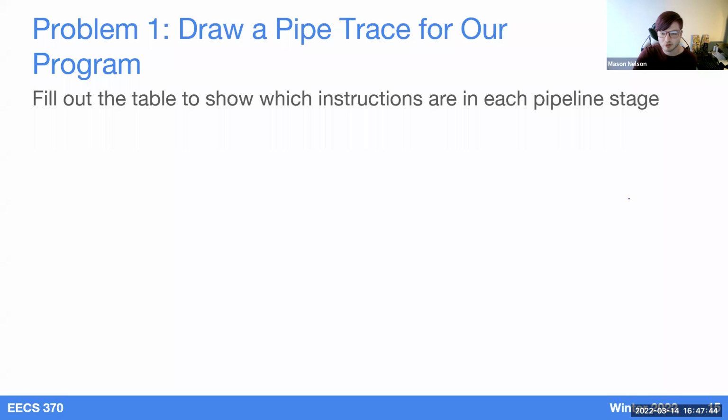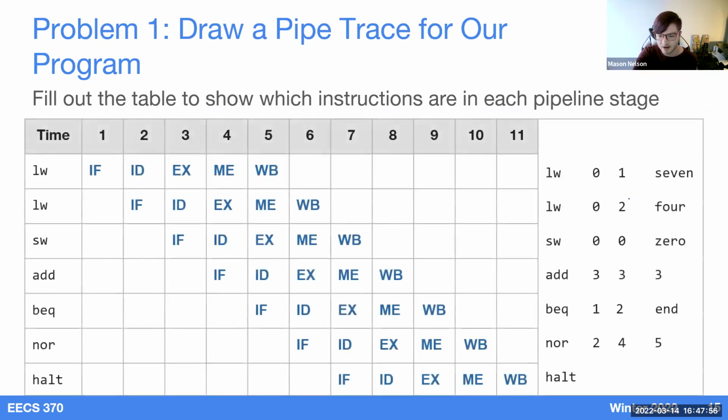We're going to go through a program and just visualize what that looks like in a sort of time graph. So just like we had the state diagram for our multi-cycle, this is how we'll visualize instructions going through our pipeline from lecture. If we have this program on the right, each of the instructions just goes through all the different stages.